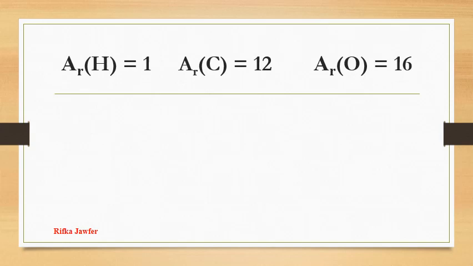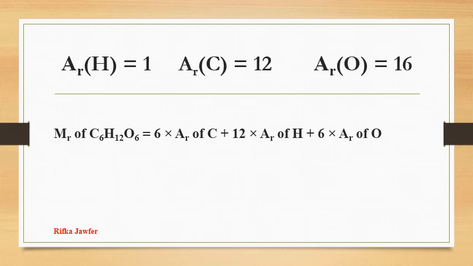Let's go for another example. It's given that relative atomic mass of hydrogen equals 1, carbon equals 12 and oxygen is equal to 16. So, relative molecular mass of glucose or C6H12O6 is equal to 6 times relative atomic mass of carbon plus 12 times relative atomic mass of hydrogen plus 6 times relative atomic mass of oxygen, because glucose contains 6 carbon atoms, 12 hydrogen atoms and 6 oxygen atoms.